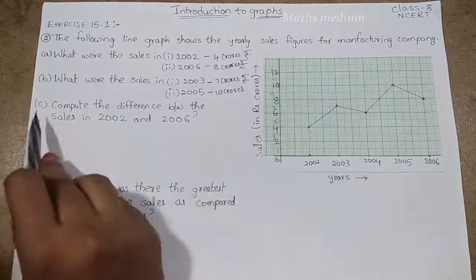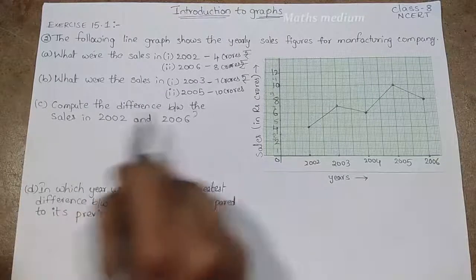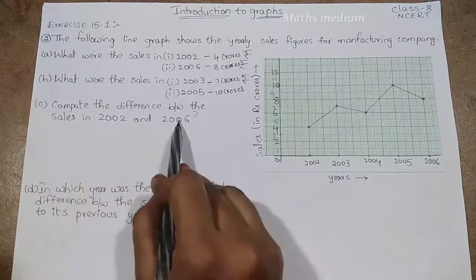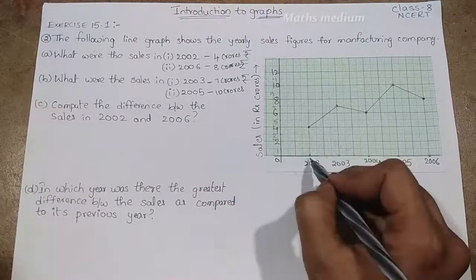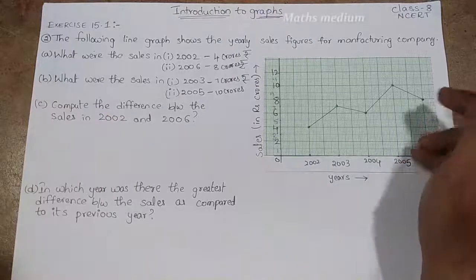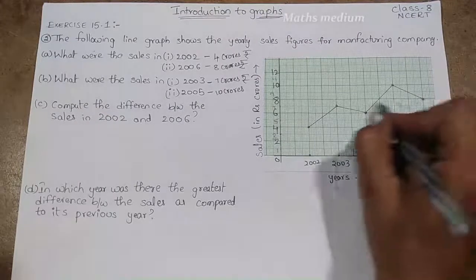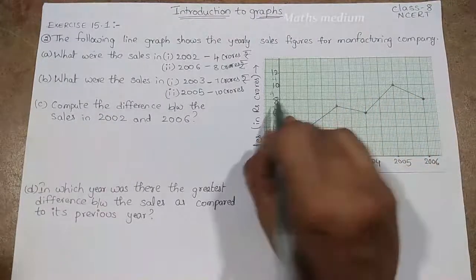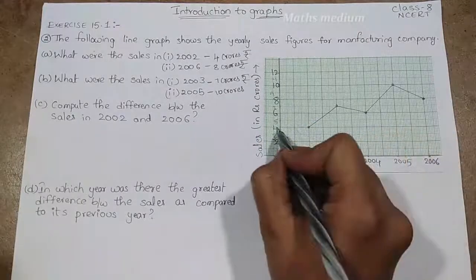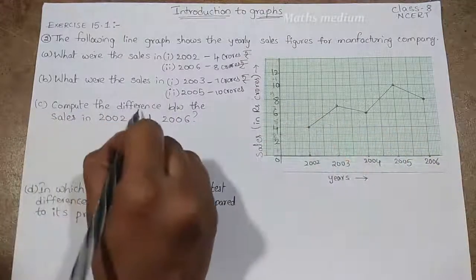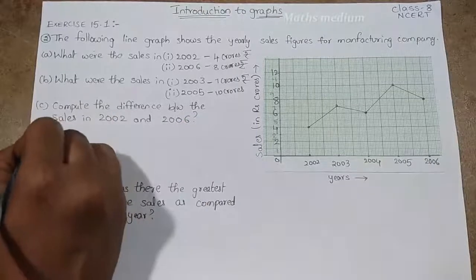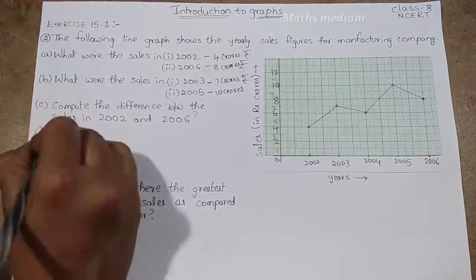Next question. Compute the difference between the sales in 2002 and 2006. So here we have to take 2002 and 2006. See, in 2006 we have 8 crores and in 2002 we have 4 crores. To compute the difference means we have to subtract. So let's write the answer.